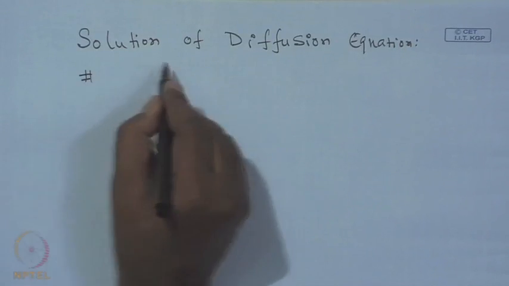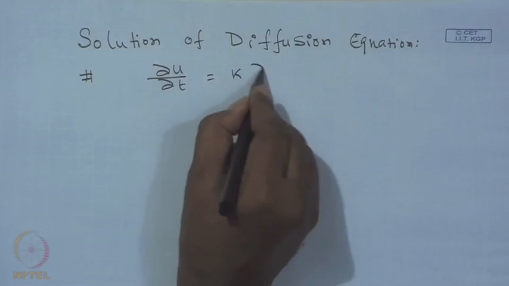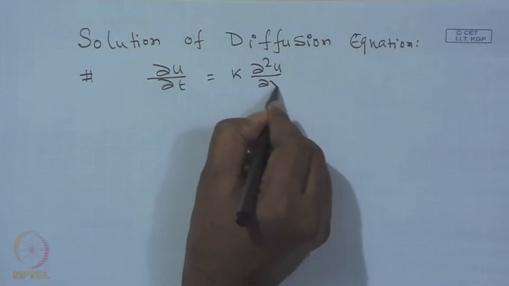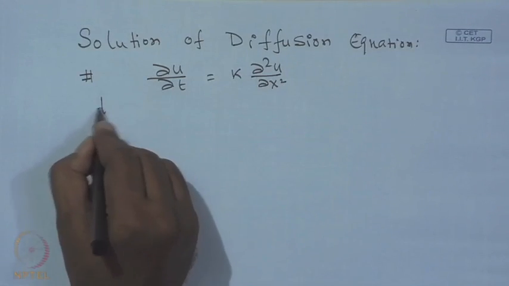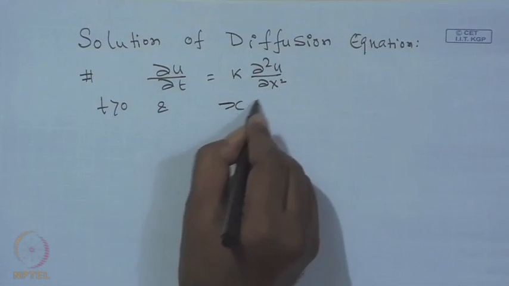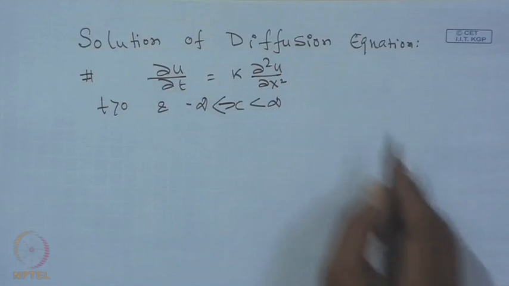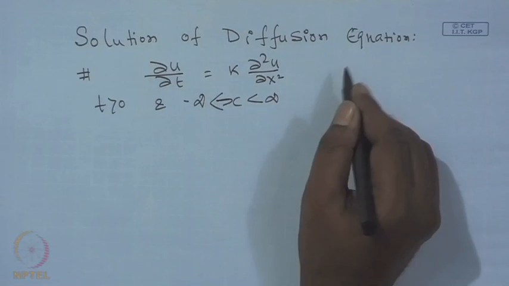This problem says that del u del t is equal to k del square u del x square, but the domain of x is minus infinity to plus infinity. So, we have a transient one dimensional heat conduction problem.